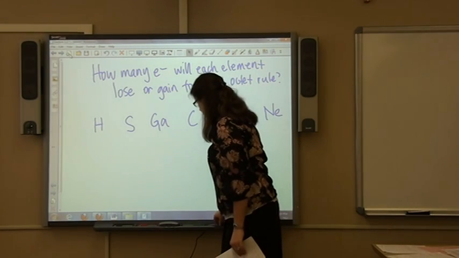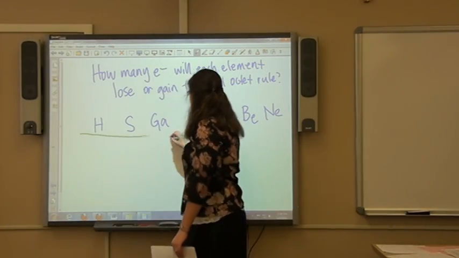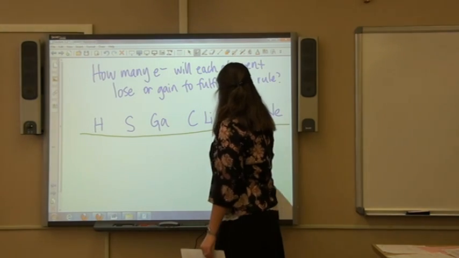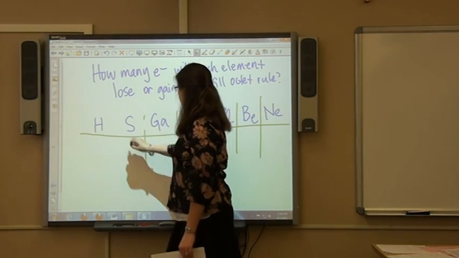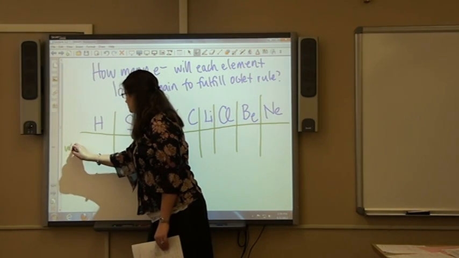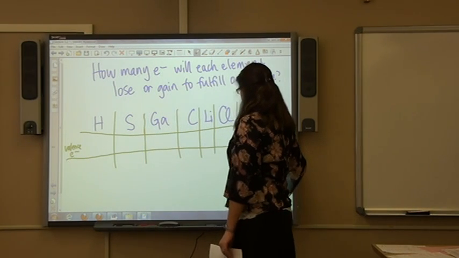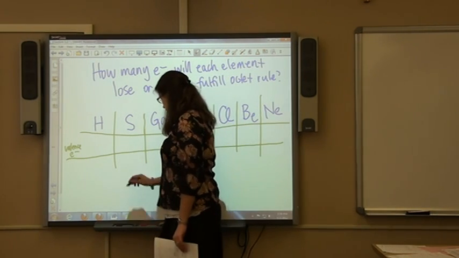The first thing that we need to do is identify how many valence electrons we have. So look at your periodic table.